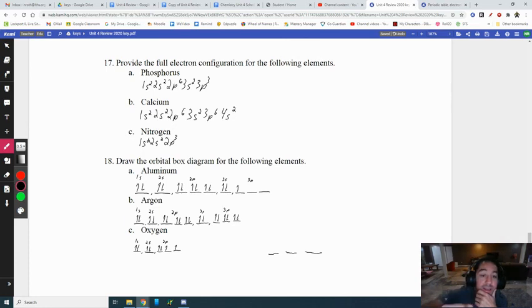Okay, now it has 4 electrons in it. So if you were to write it 1, 2, 3, 4, that would be wrong. We have to fill it out with 1 electron each before we start doubling up like that. Okay?